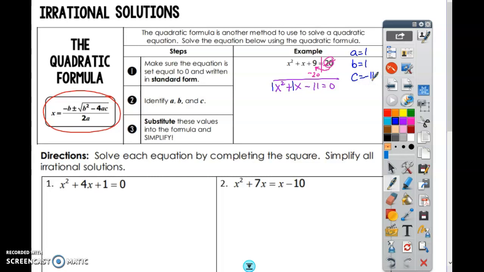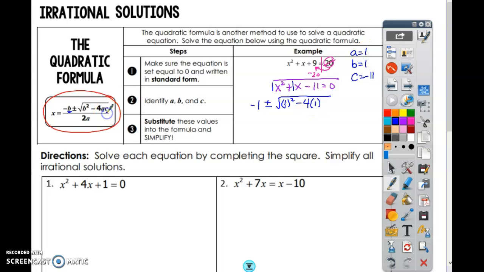So when I plug it into the formula right here, first I need a B, which is my 1. So it's going to be negative, whatever that is, negative 1 plus or minus the square root of. My B is 1, so that's 1 squared minus 4. A is 1.